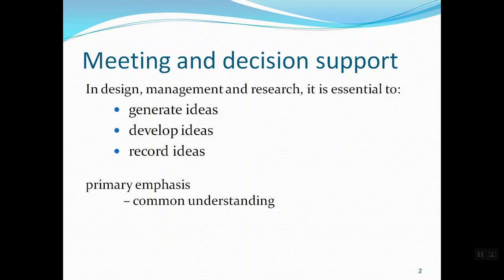The fundamental point about this meeting and decision support system itself is that a team or a group of employees are generally expected to come out with n number of ideas, or a variety of ideas.